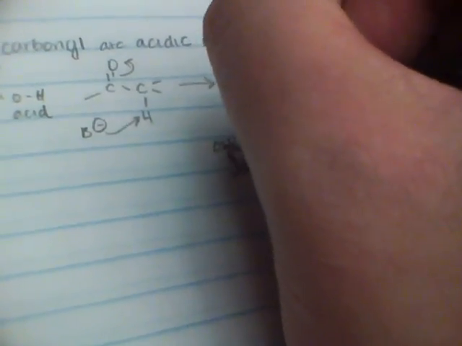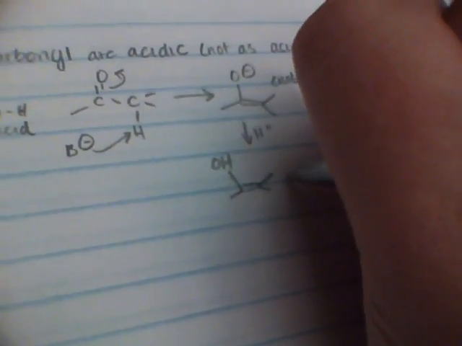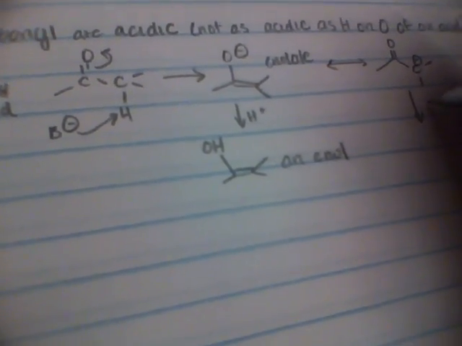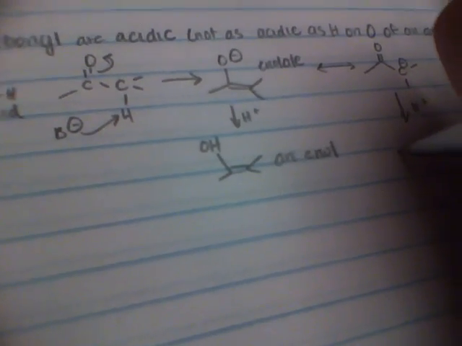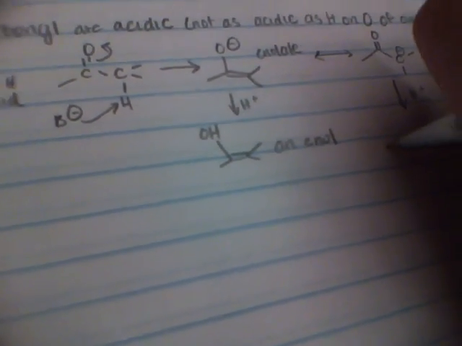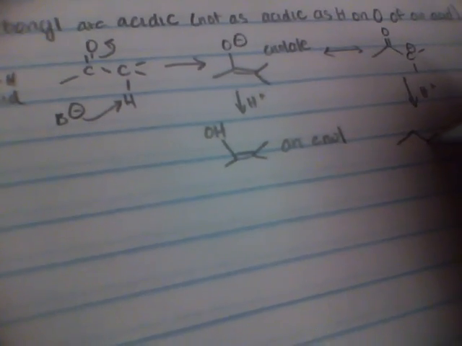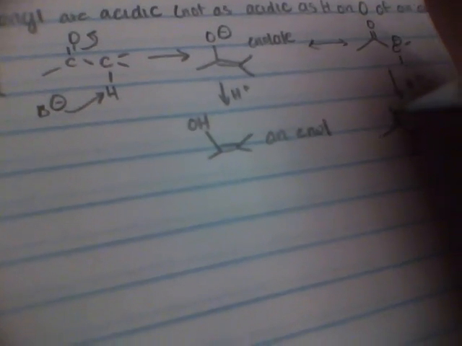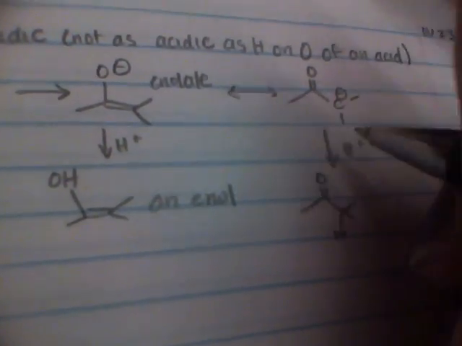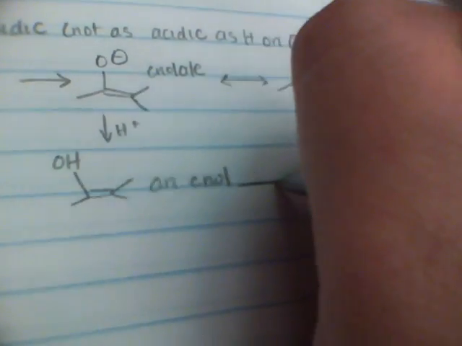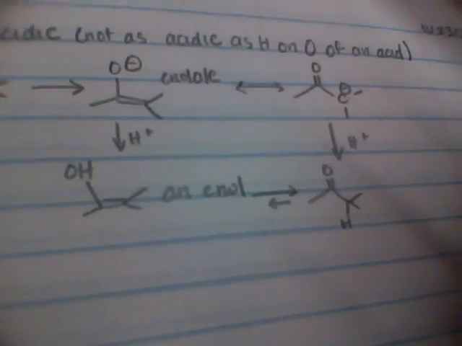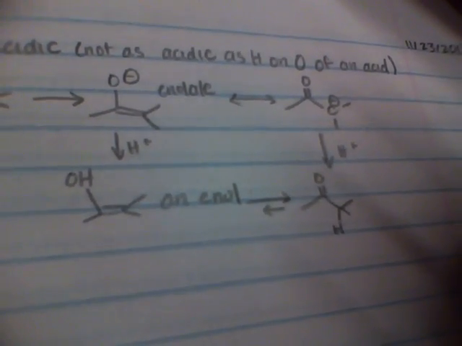Now it turns out that the enol form readily converts itself into the ketone form. And in fact, they are generally in equilibrium, although usually the equilibrium lies right over on the ketone side. And this process of a hydrogen moving in this manner is called tautomerism.